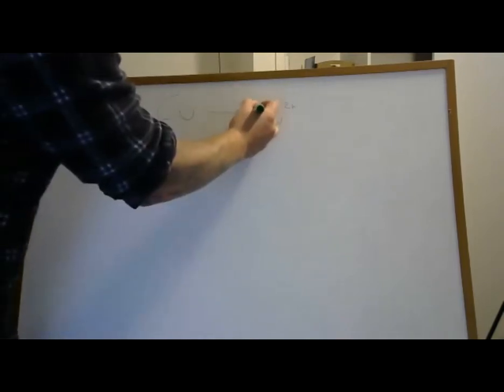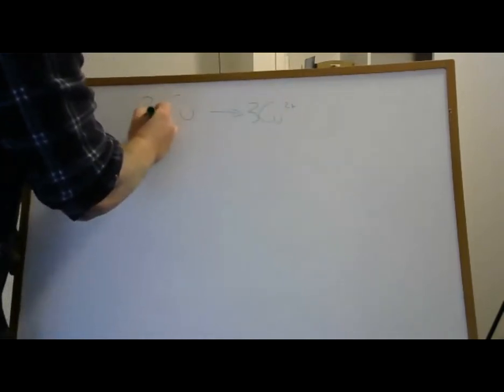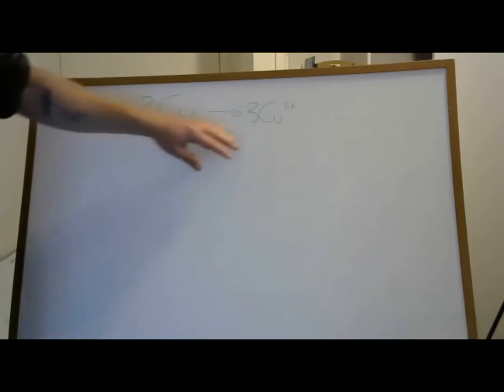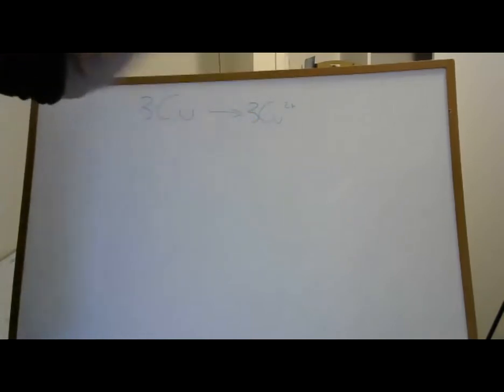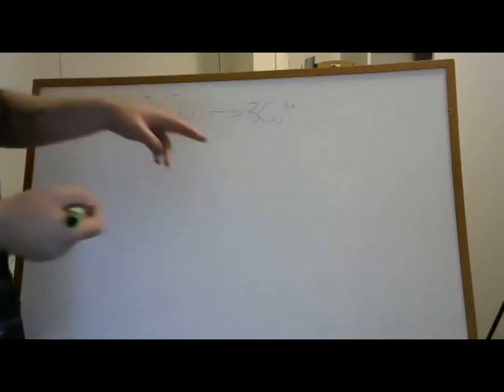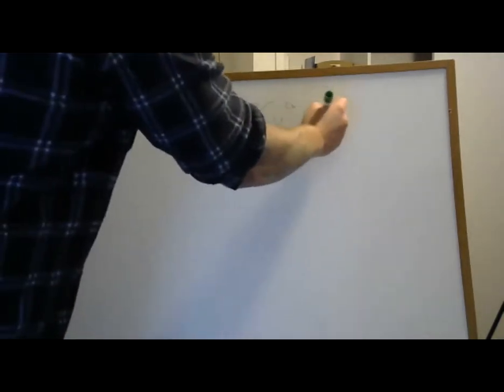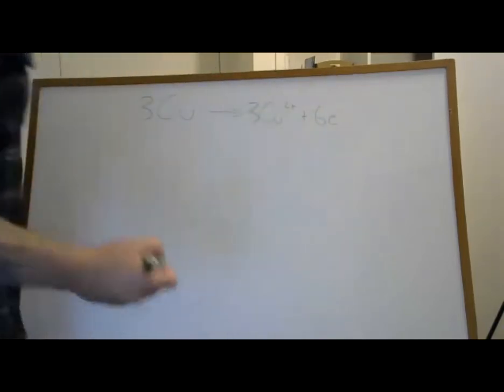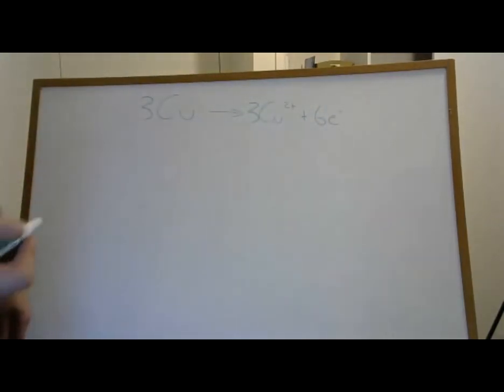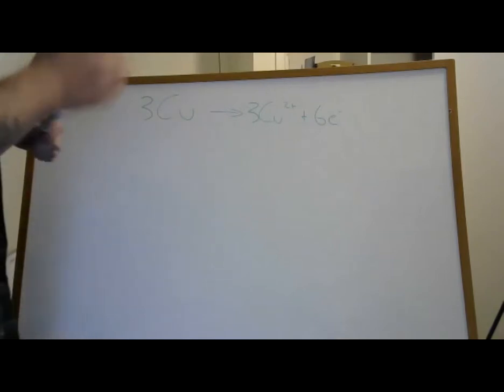So what we do here, we just change that to 3 copper transferring, which loses 2 electrons per copper. So we then have to add 6 electrons to this side. Okay, now. So this is our oxidation.